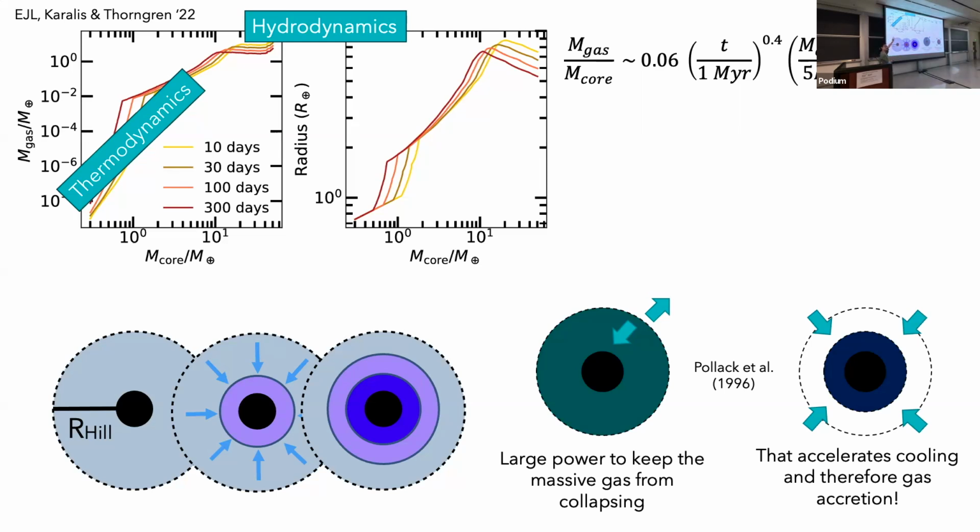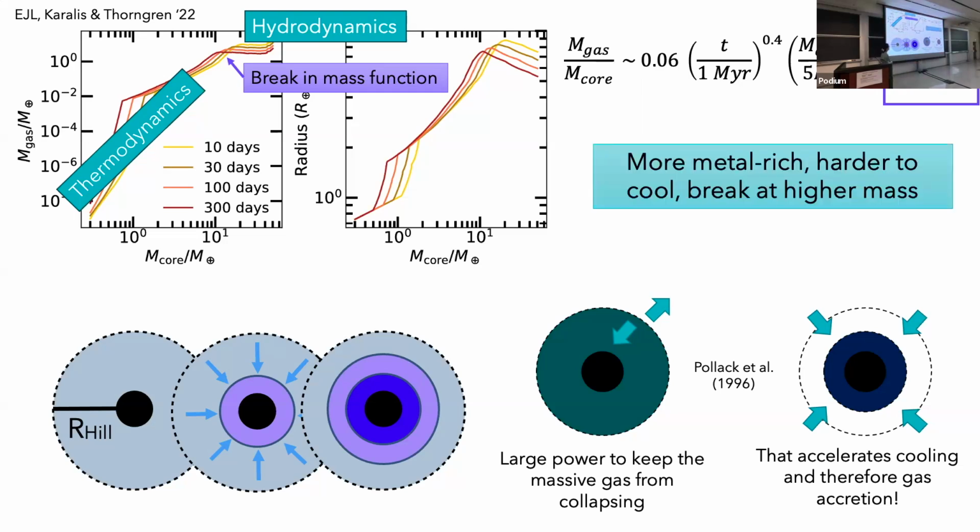Whenever you have a switch in physics that's governing the mass, you expect to see some kind of a break in the mass function. And where you see this break will depend on how rapidly these planets initially cool, which you can see has a dependence on the metallicity, which means opacity, which means chemical composition of the planet. So in fact, if the planet accretes more metal-rich substance, it's harder to cool because optical depth goes up. So we expect to find this break at higher masses.